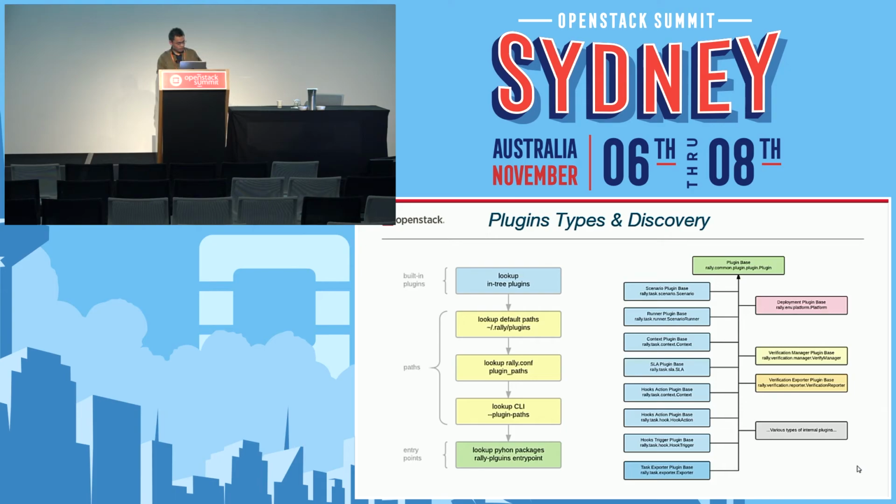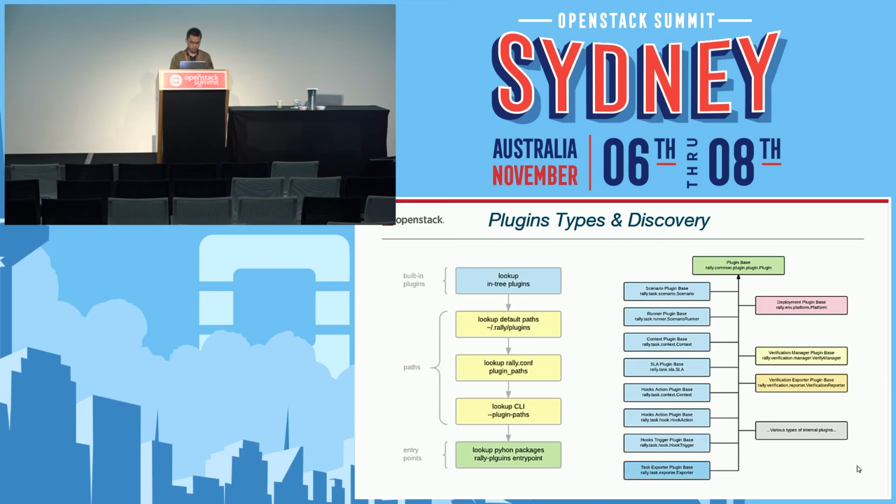Now Relay has a nice plugin mechanism. It could load plugins from some paths, such as default paths, or the paths which were specified in the Relay config file, or passed by the CLI.